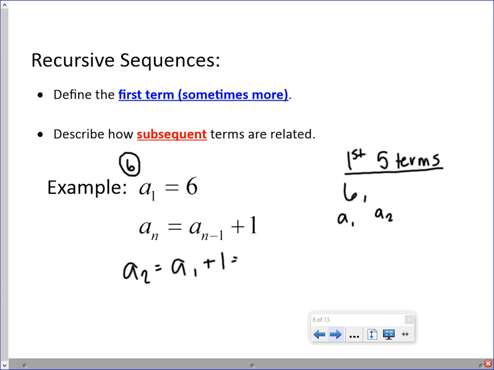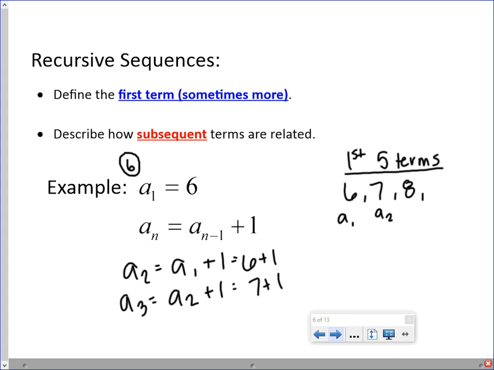And what is the first term? 6, plus 1, so 7. If I want the third term, then I'm going to take the second term plus 1, and the second term is 7 plus 1, so I'll get 8.